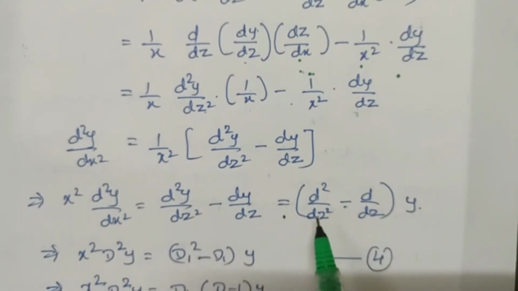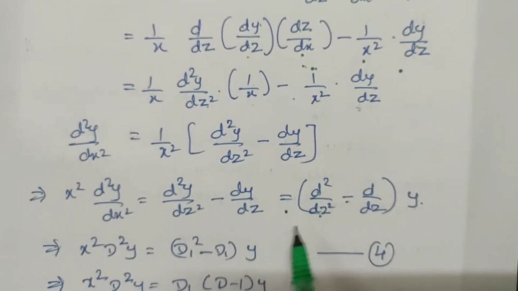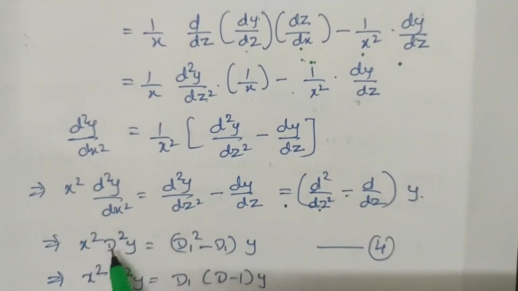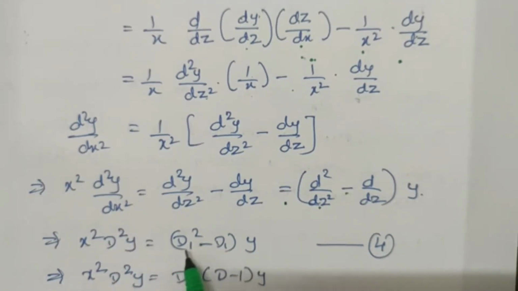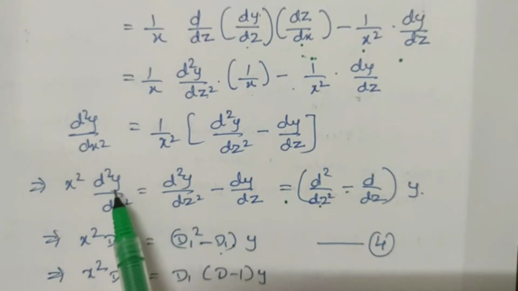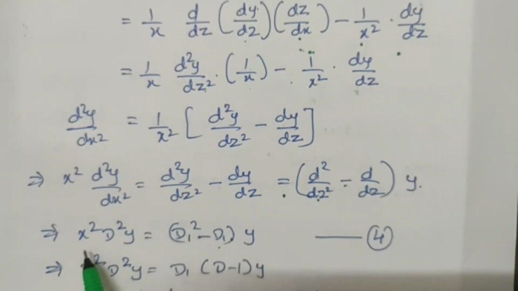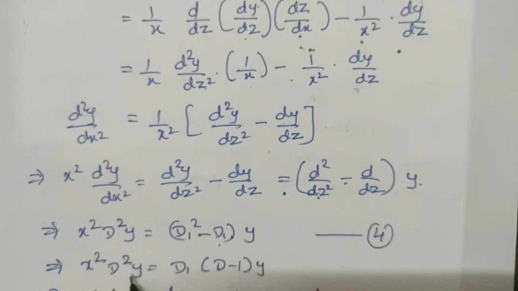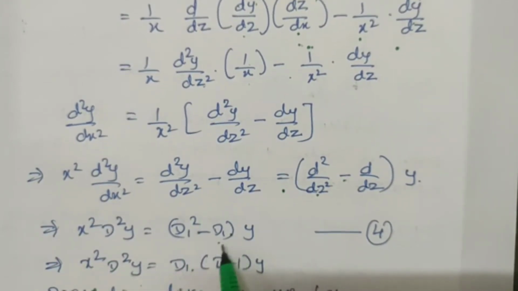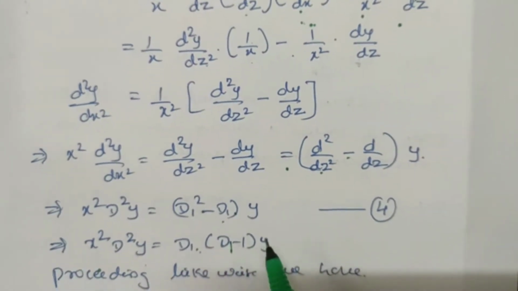Here we denote d by dz as D1. So x square D2 y is equal to D1 square minus D1 of y. We know d by dx is D and d by dz is D1. So x square D2 y is equal to D1, taking D1 common, D1 into D1 minus 1 of y. So we remember all these points.